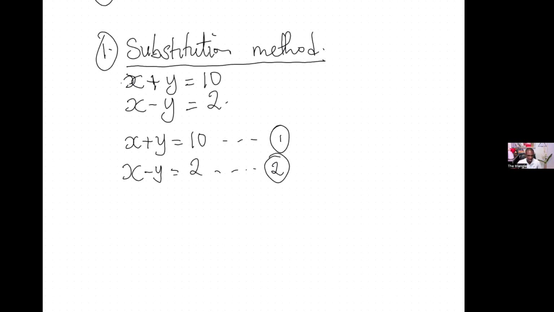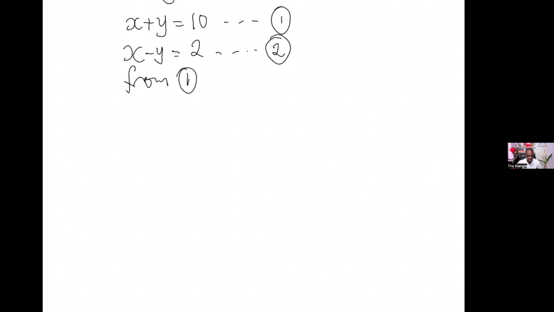From equation 1, we have x plus y equals 10. So now we'll make either x or y the subject. So let's make y the subject.